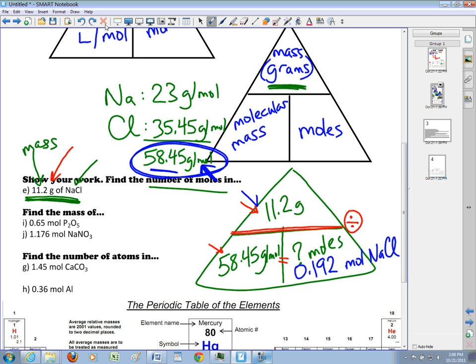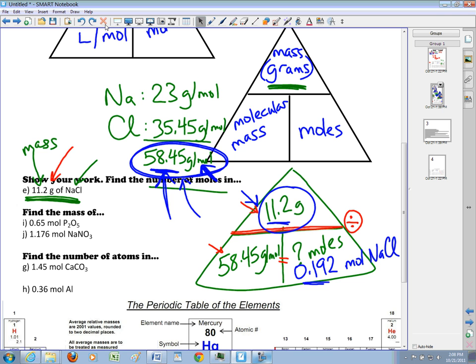I didn't start with that much. I only have 11.2 grams, which is much less than the 58.45 of a total mole of sodium chloride. So my answer should be less than 1 because the given amount is much less than that 1 mole mass.